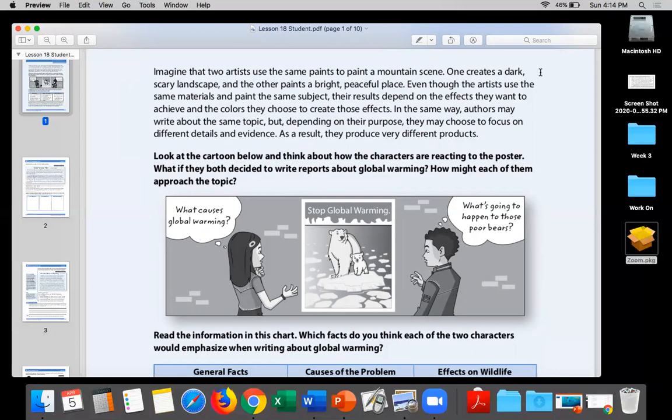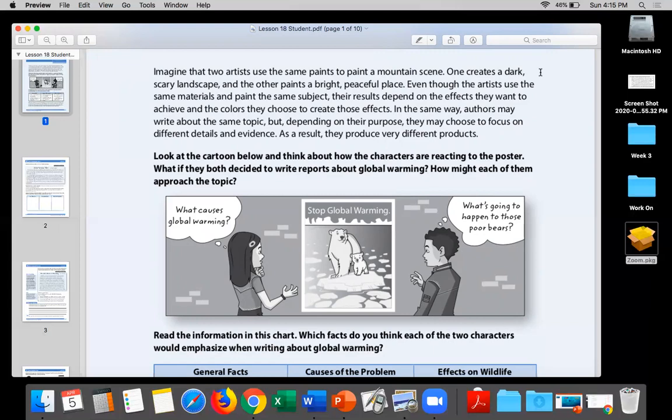All right, now I want us to look at the cartoon below and think about how the characters are reacting to the poster. What if they both decided to write reports about global warming? How might each of them approach the topic? So the girl on the left says, what causes global warming? As she's looking at this picture that says stop global warming, and it's got two polar bears on it. And then the boy says, what's going to happen to those polar bears?